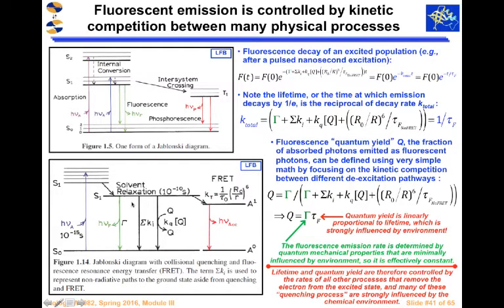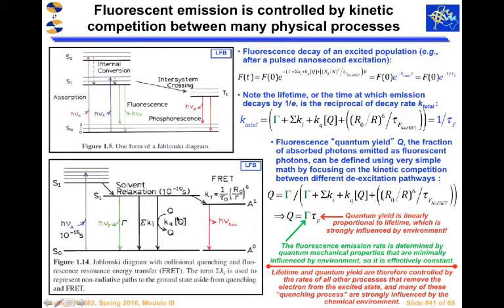The fraction of the excited state population that will produce fluorescence will match the relative rate of the fluorescence process compared to all of the kinetic processes that remove excitation.